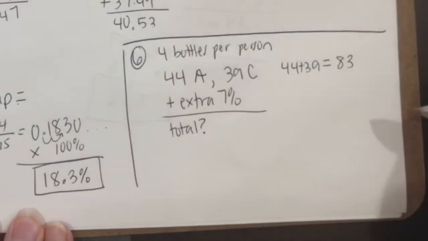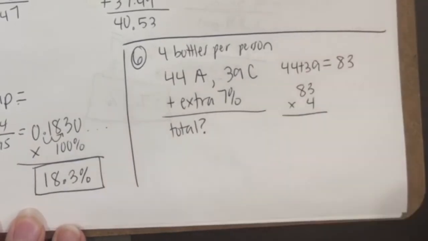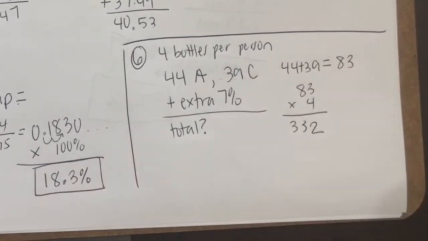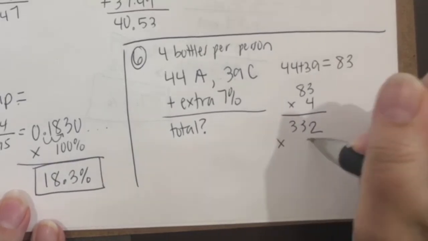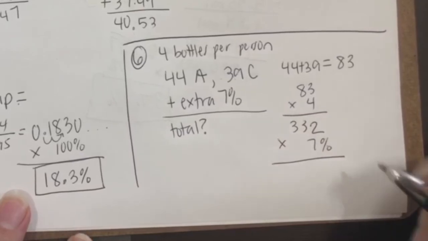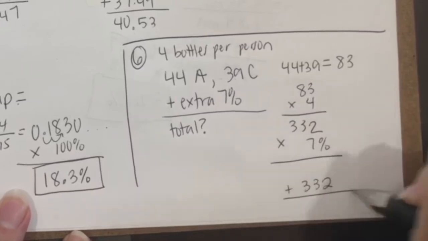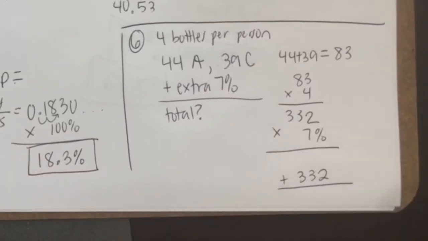Then we're going to do 4 bottles per person, so 83 times 4, 332, and then an extra 7%. So we'll find 7% of 332, and then we will add it back to the 332 to get a total of how many water bottles they're going to buy.